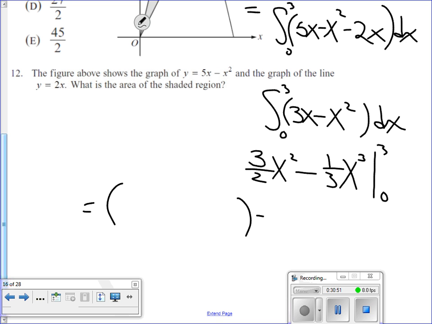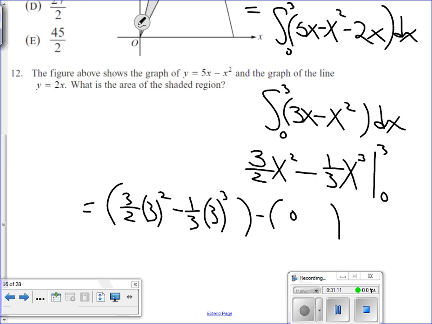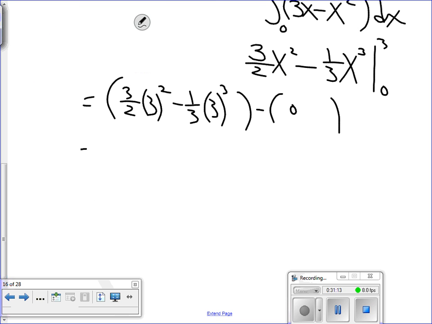So we're going to plug in the 3. I don't need that much room for plugging in the 0, because that's going to be nice. But we do have to plug in the 3. So when we plug in the 3, we have 3 halves of 3 squared, minus 1/3 of 3 cubed. When time's running out. Love this.